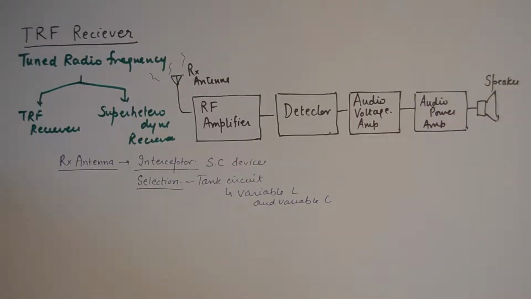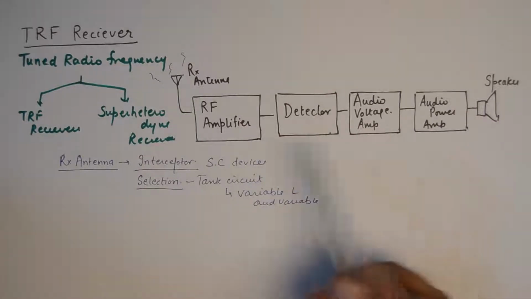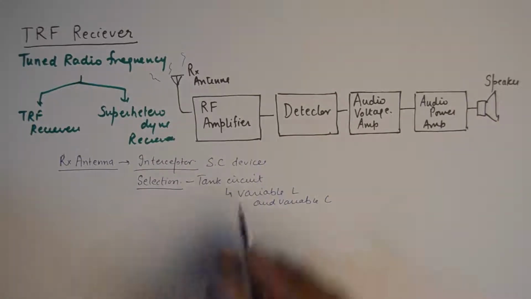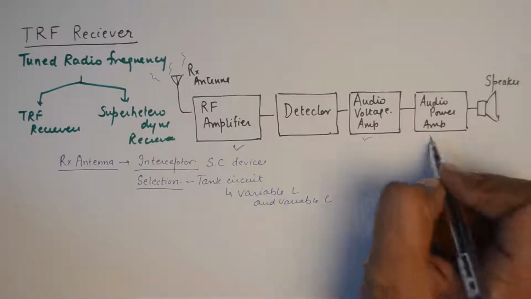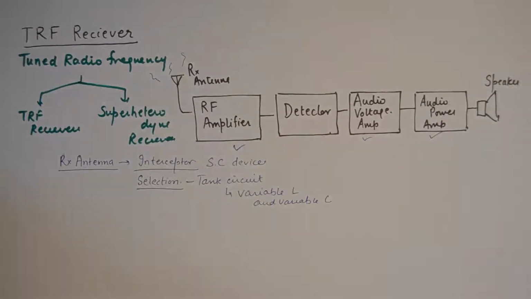So essentially two things are happening at the receiving antenna: interception and selection. Now if you look at the blocks of a TRF receiver, 3 blocks are amplifier blocks, and each of these amplifiers is doing a different job at a different stage.